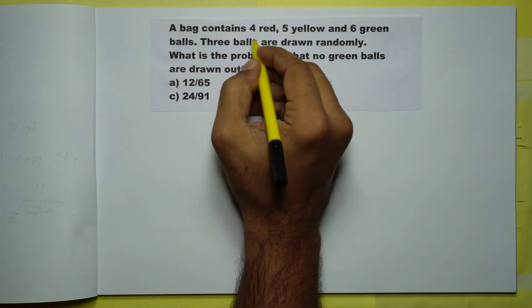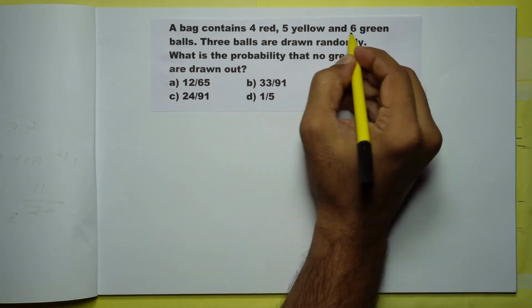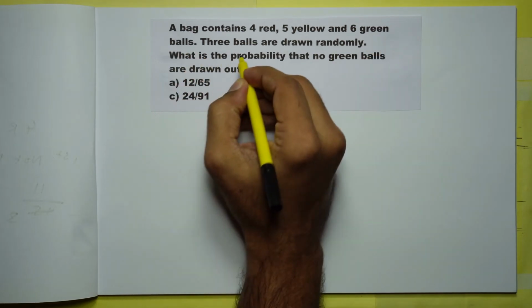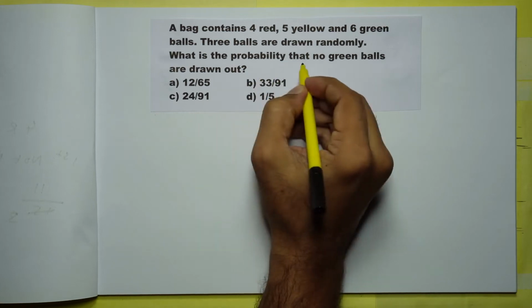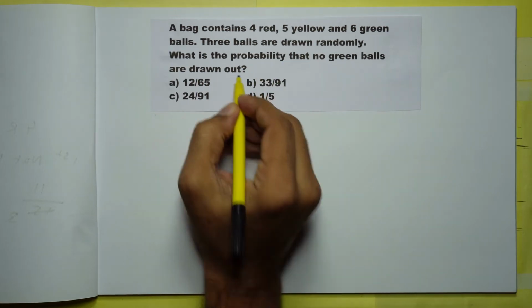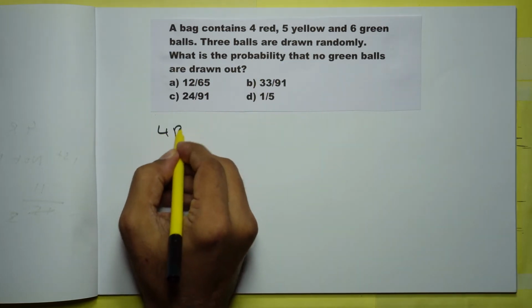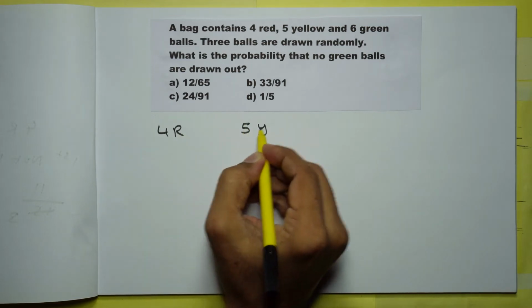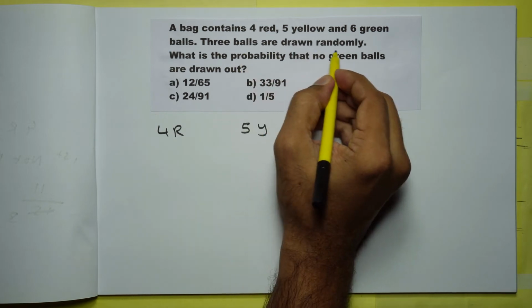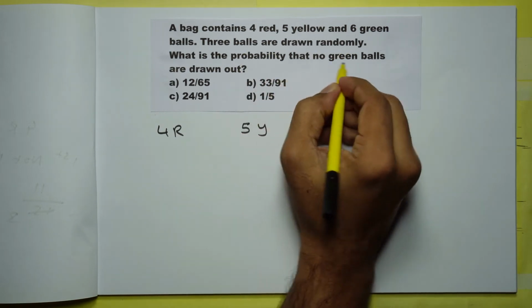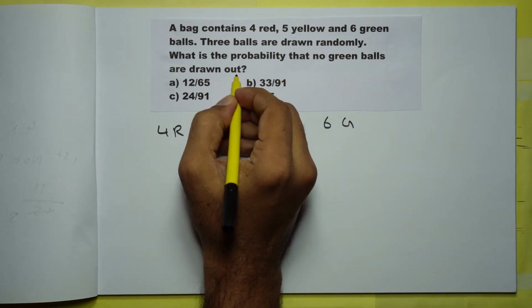A bag contains 4 red, 5 yellow and 6 green balls. 3 balls are drawn randomly. What is the probability that no green balls are drawn out? So 4 red are there, 5 yellow are there and 6 green are there. 3 balls are drawn randomly. Probability that no green balls are drawn out.